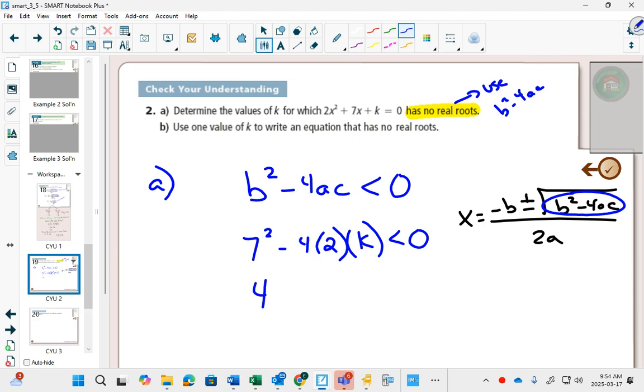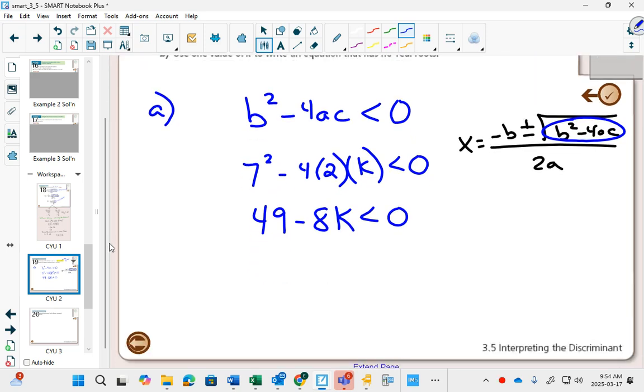If I want to get K by itself, how do we work with inequalities? Well, we work with them like equations, but we have to remember the one special rule. So if I move my 49 over to the other side by subtracting, nothing changes when we subtract.